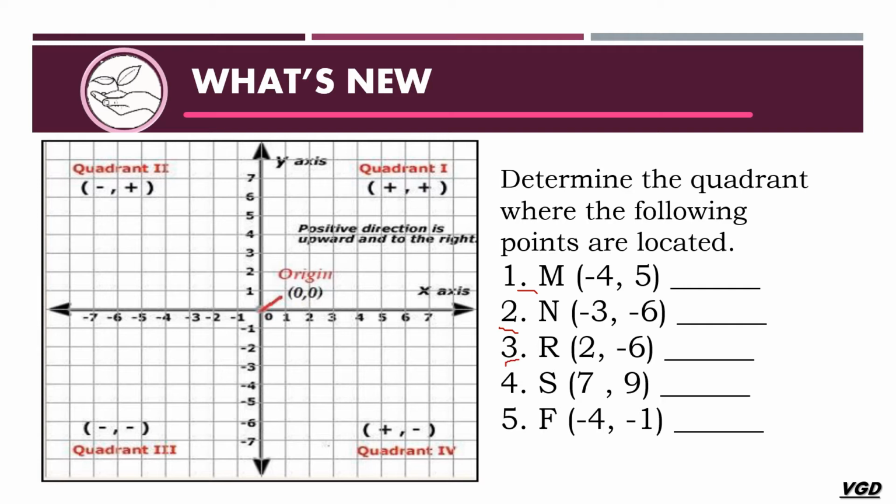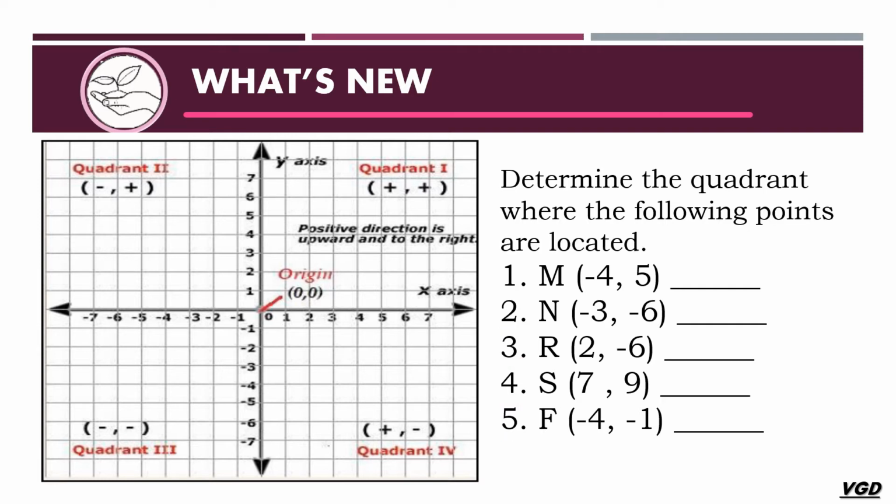Number 3, point R, the coordinates are positive 2 and negative 6. Number 4, we have point S. The coordinates are positive 7 and positive 9. And for number 5, we have point F. We have negative 4 and negative 1 as coordinates. So let's find out.